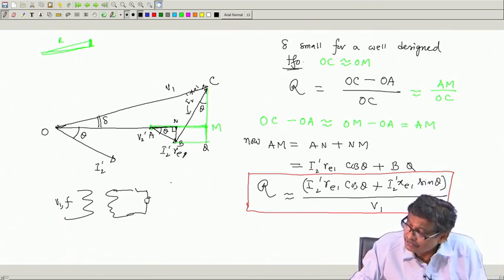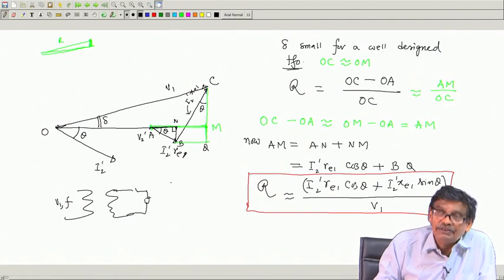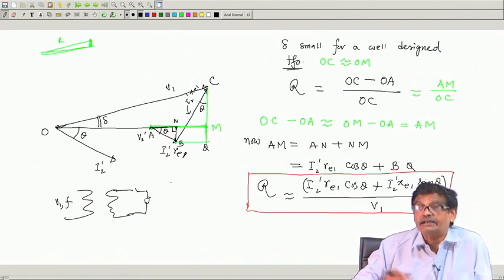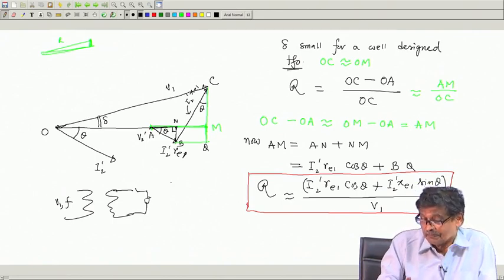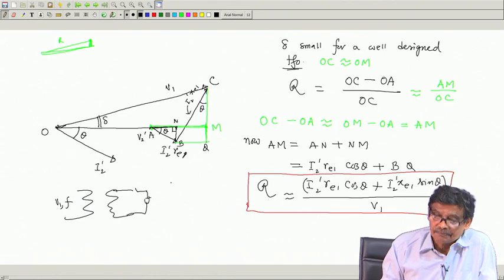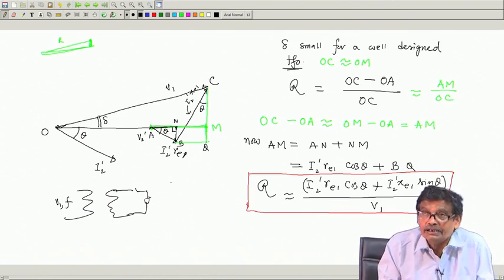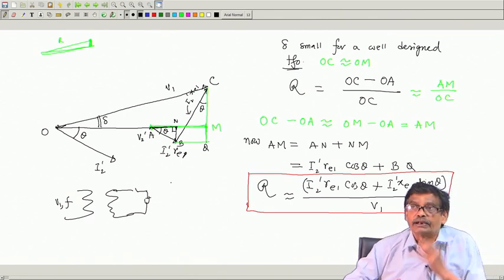Then why have I found an expression? This is because the rating of the transformer may be very large, maybe a 100 kVA transformer whose current rating is maybe 100 amperes. So, a 100 kVA load you will require in the lab to find the regulation at full load at say 0.8 power factor.